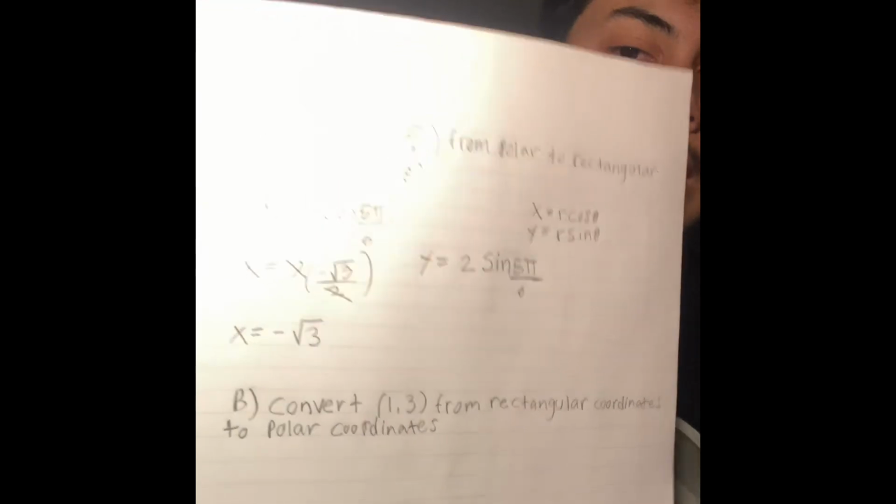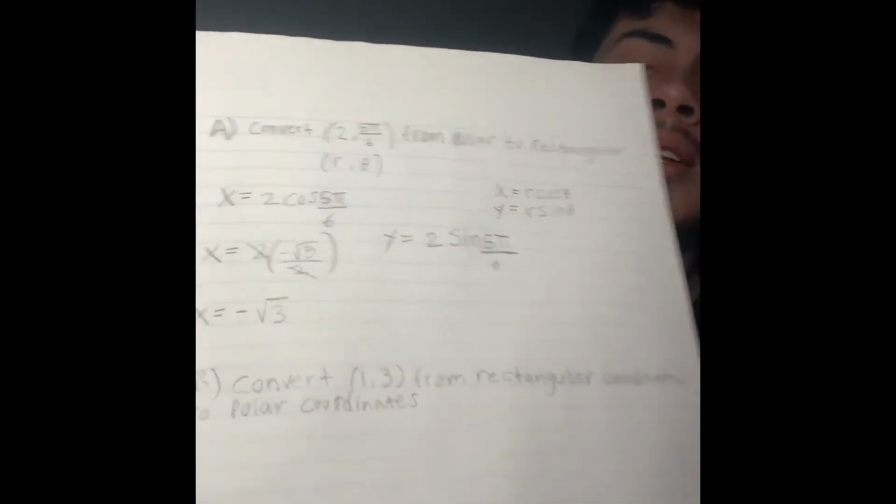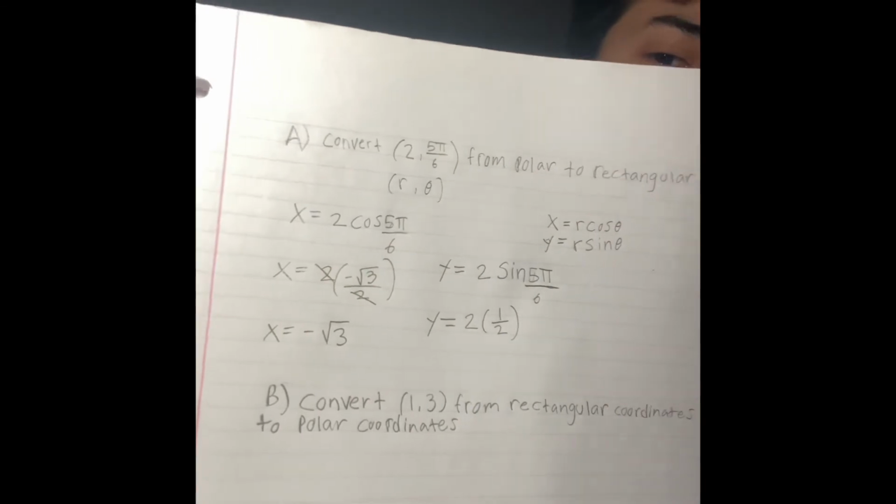And then let's move on to sine, or y. So y is equal to 2 times sine of 5 pi over 6. So just like that. And sine equals 1/2 at 5 pi over 6. So it'll be 2 times 1/2 is what y equals. And then same thing here.